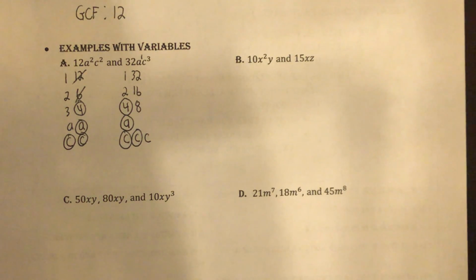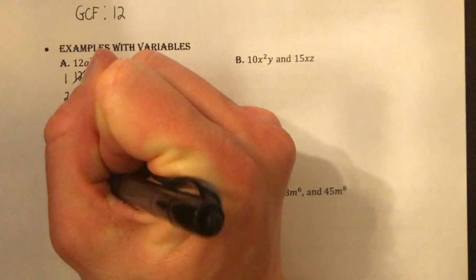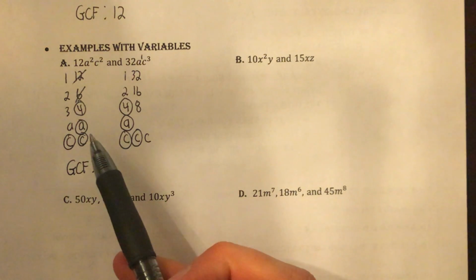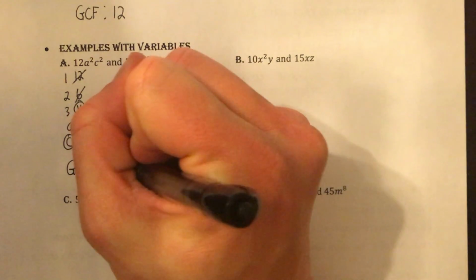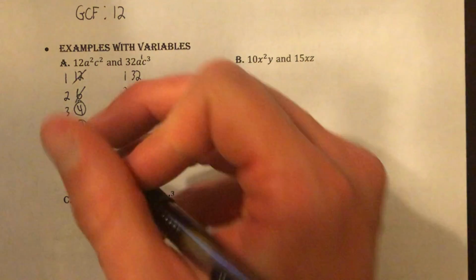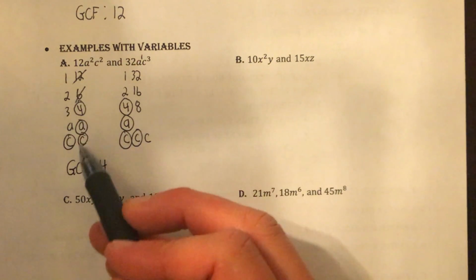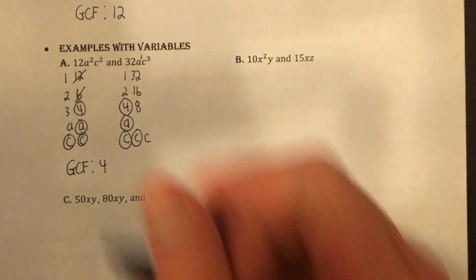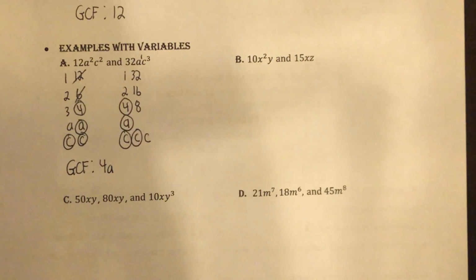Now when I look at this list to figure out my greatest common factor, the first thing I start with is the number, which is 4. Then my next variable, which is a. How many of those a's do I have in the list? I only really need to look at one of the lists. So 4a, only one of them, so a to the first, or just a.